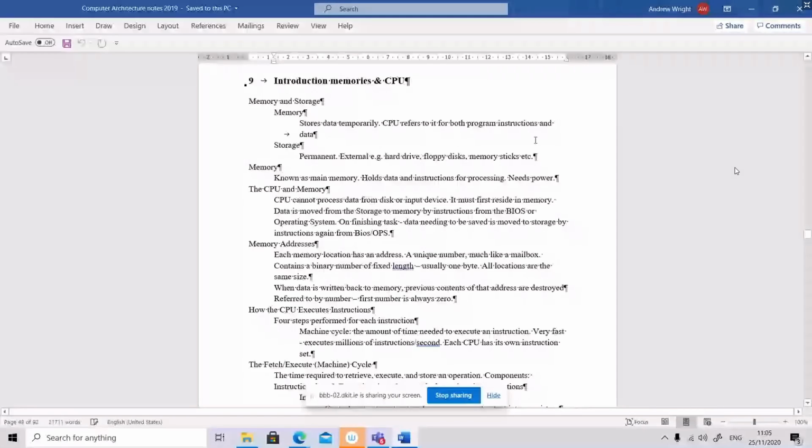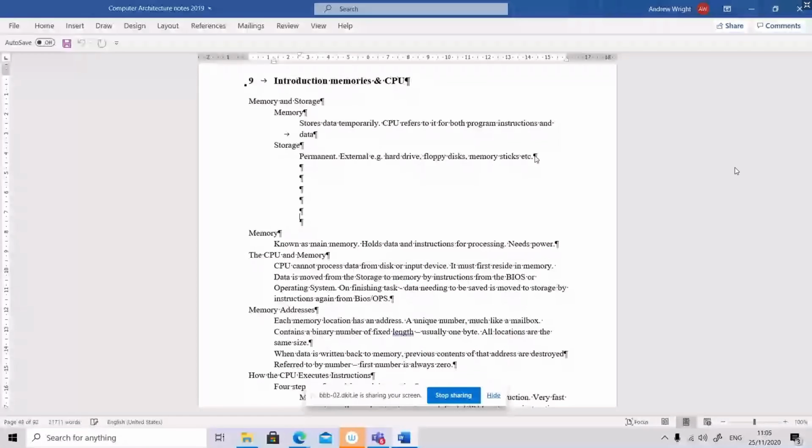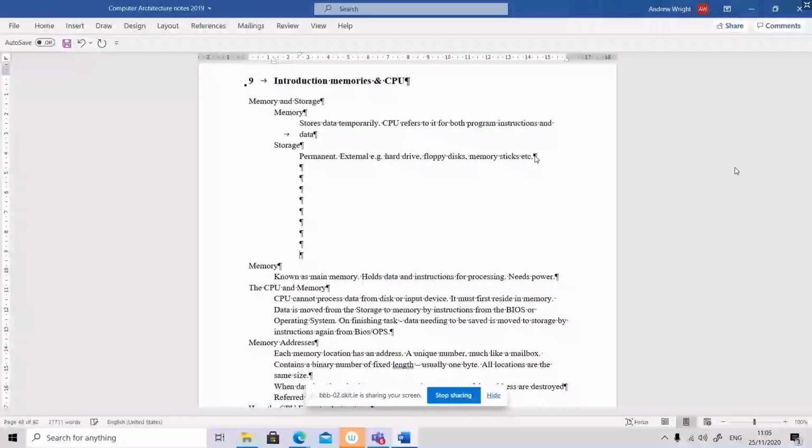Okay, so to finish off the course, we've done the digital. This is more a general review of memory, CPU, and hardware, and storage, if you like. There are 3 main components within the machine. One's the CPU.